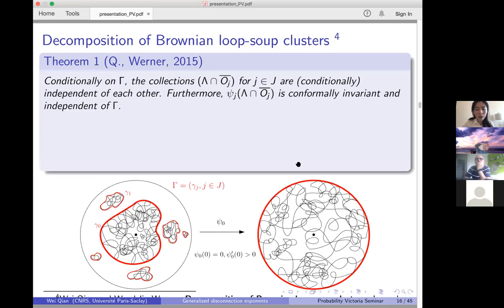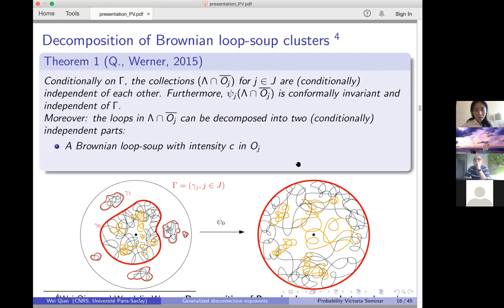And if you take one of these clusters, so here I take gamma 0, the red loop which encircles the origin, for example, and I conformally map the domain encircled by gamma 0 back to the unit disk, then the image of the Brownian loops encircled by gamma 0 under the conformal map, you get a collection of Brownian loops in the unit disk on the right-hand side, okay?